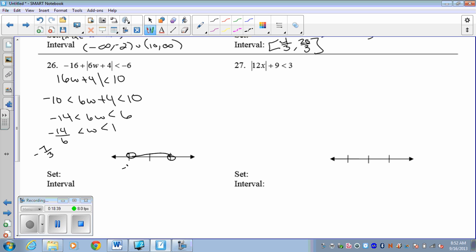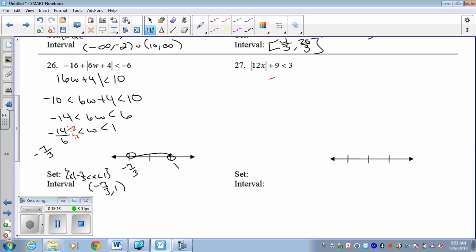Oh wait, this we just got by reducing by a factor of 2, right? So then set notation, I'm everybody in between negative 7/3 and 1. Interval notation, this time I'm using an open bracket because the circles are open. So smooth parentheses, negative 7/3 is where I start, 1 is where I finish, and another open bracket.